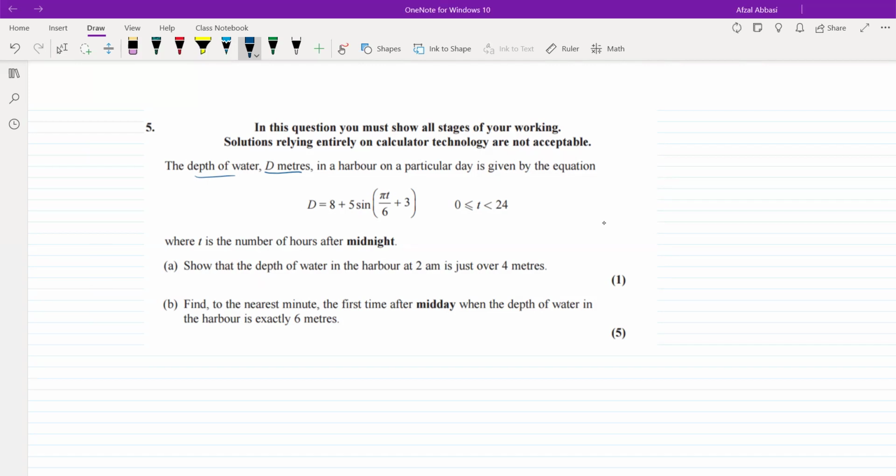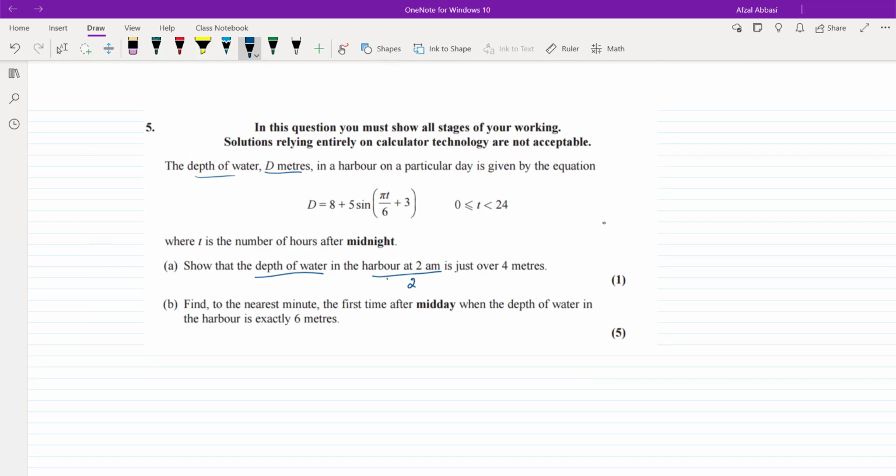Show that the depth of the water in the harbor at 2 a.m. is just over 4 meters. Just over 4 meters means a little bit more than 4. So we have to find the depth of the water, and that answer should be nearly 4 meters, a little higher than 4 meters. When the time is 2 a.m., how many hours have passed after midnight? 2 hours.